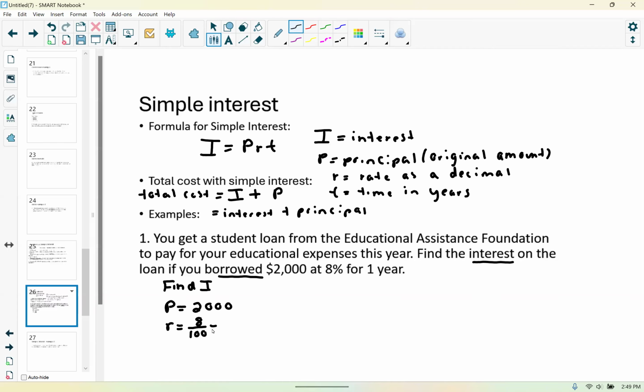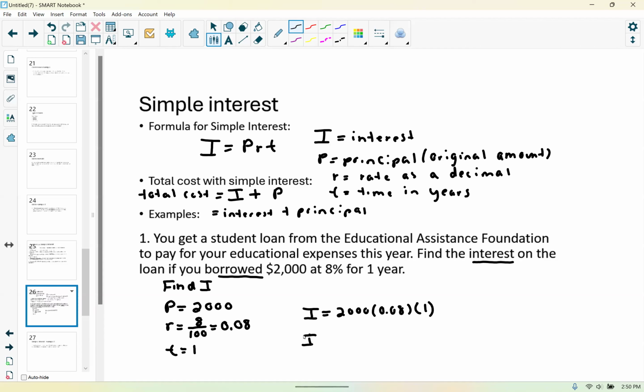We have to change it to a decimal. So anytime we change a percent to a decimal, we divide by 100 and we get 0.08. Or again, you can move the decimal place 2 to the left. Our time has to be in years, which it is, 1 year. And then from there, we just plug it into the formula. So the interest is equal to the principal times the rate times the year.